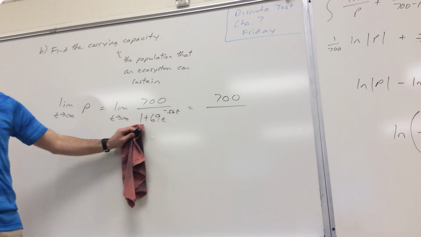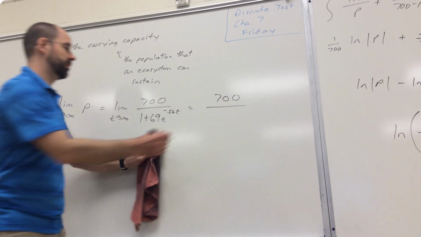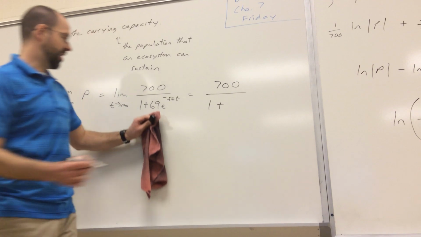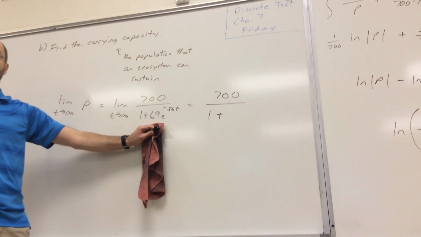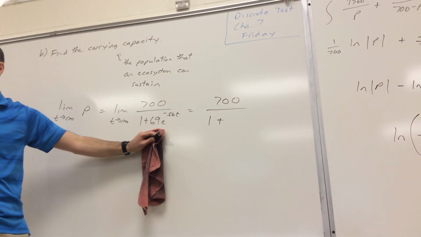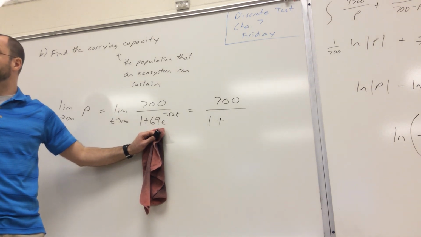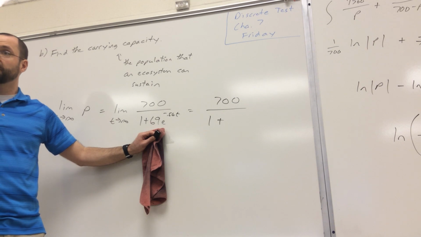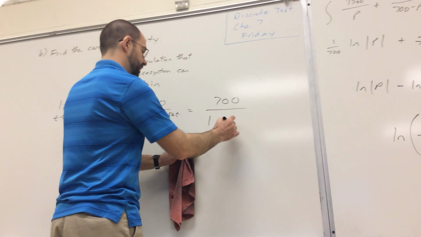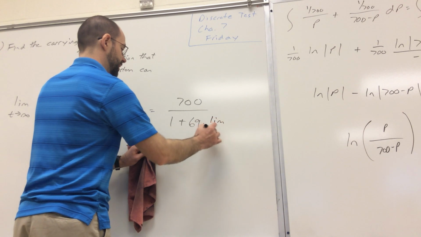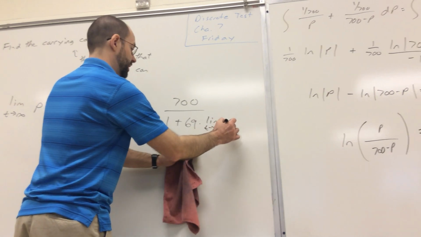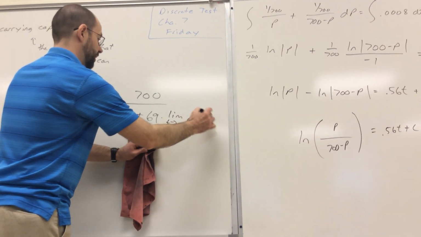So we're just going to do the limit of 1, which is 1. Now we've got the limit of this, 69e to the negative 0.56t. There's a theorem that says you can bring the constant out in front of the limit. So really, we're just taking 69 times the limit as t goes to infinity of e to the negative 0.56t.